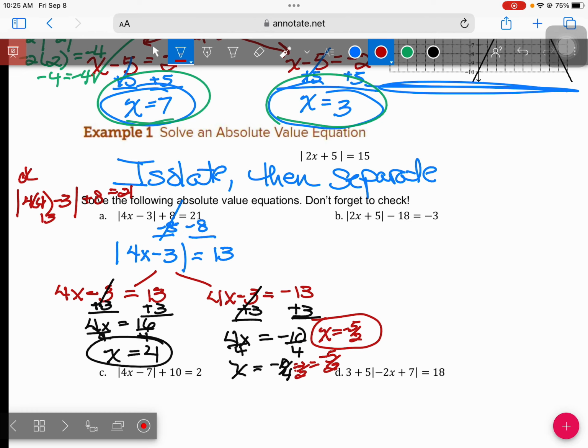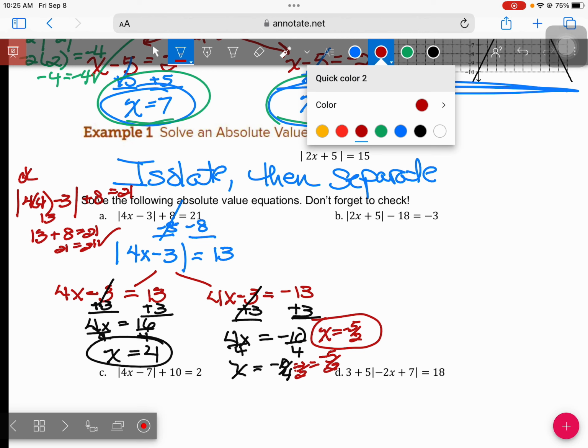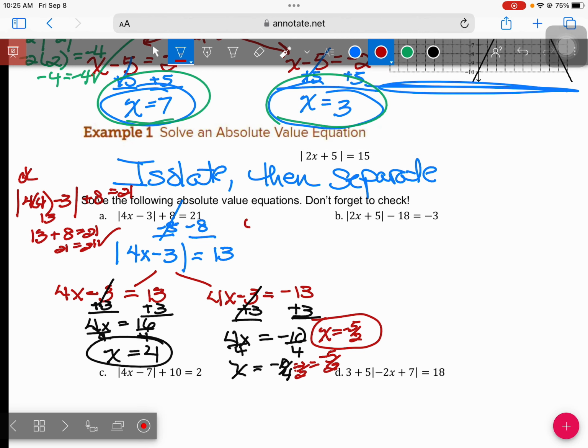The absolute value of 13, how far away is 13 from 0? 13, right? So 13 plus 8, is that equal to 21? Yes, it is. Okay. If I check the other one, it'll give me the same thing.